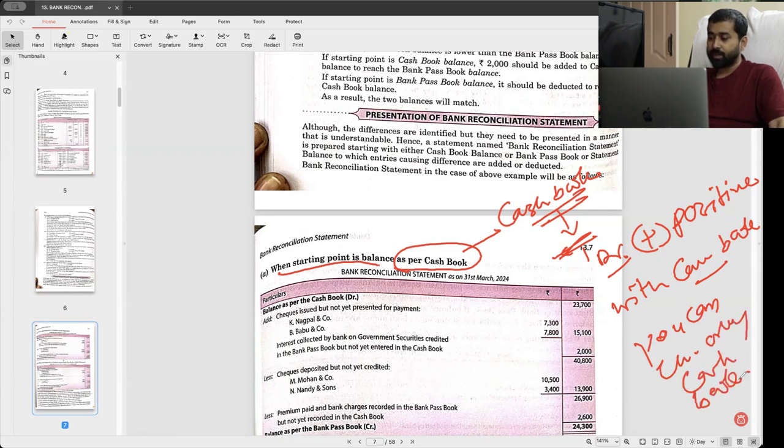What is the logic behind it? Simple: if you have the cash book balance with you, definitely you are the company. Now, if you are the company, you can change your book, no? If you find any discrepancies as per the other book, then you can change your book. Suppose you found that this deposit I have written correctly, but the passbook has not written it or not credited it.